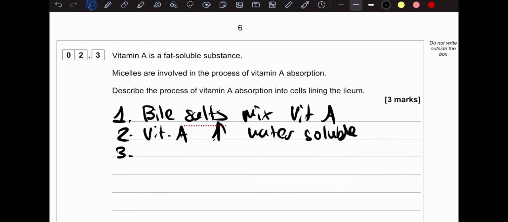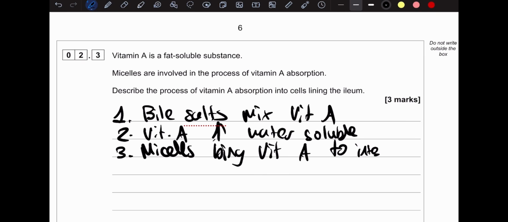So at this point, the micelles are essentially the delivery system of the vitamin A. They're bringing the vitamin A to the intestinal cell surface, basically the enterocyte membranes, right? They go really close to these enterocyte membranes, which are in the ileum and also earlier regions of the small intestine, and they keep a high concentration of vitamin A near the cell surface.